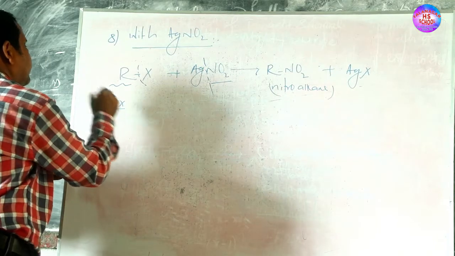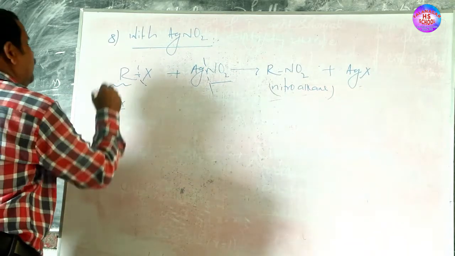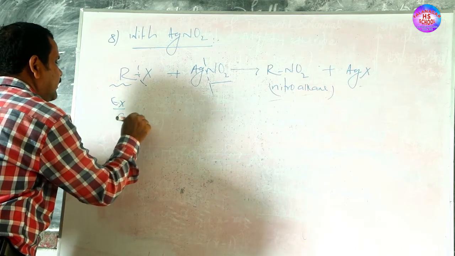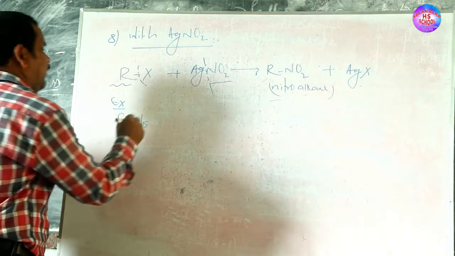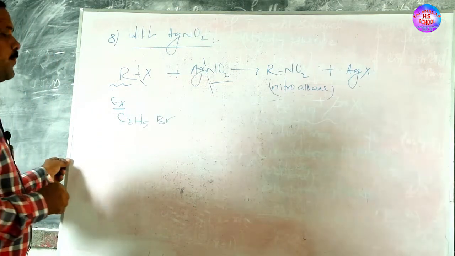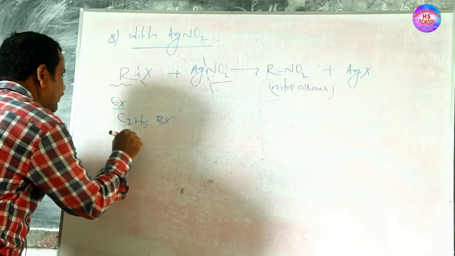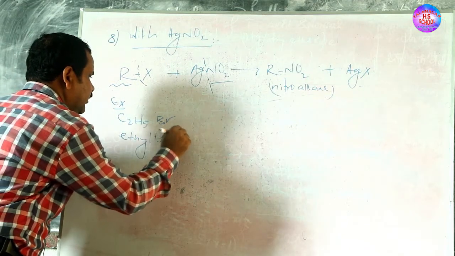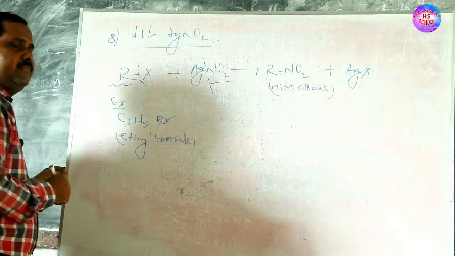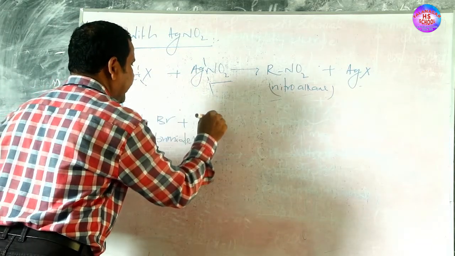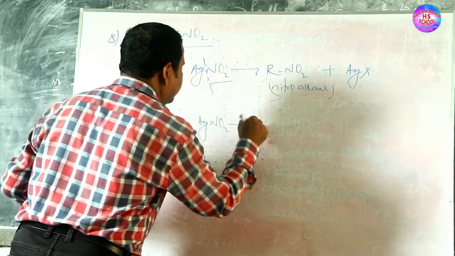For example, if we put R equal to C2H5 and X equal to bromine, it is ethyl bromide plus silver nitrite AgNO2.